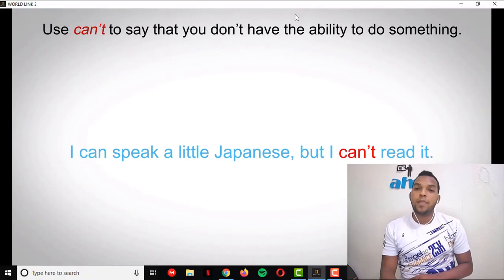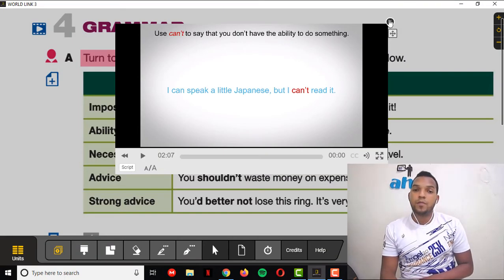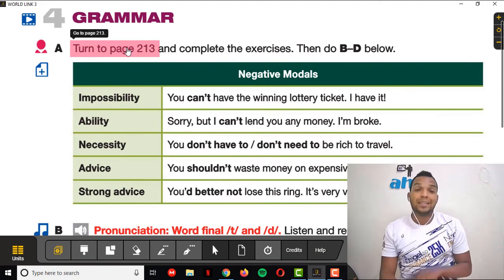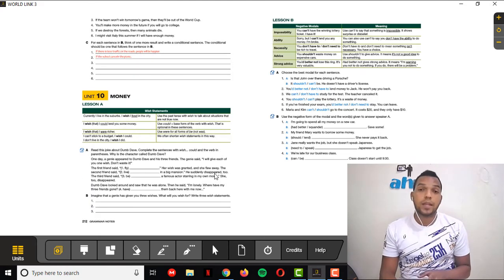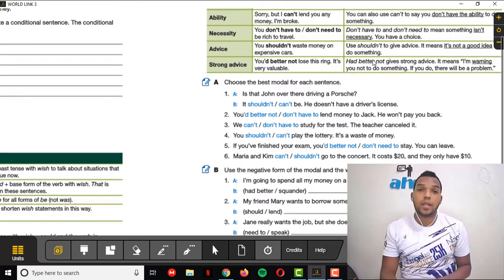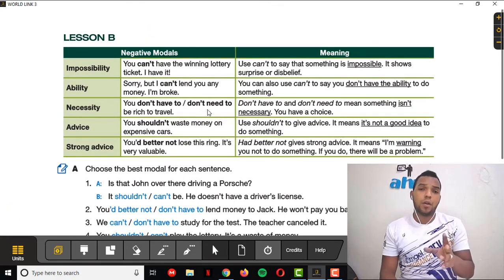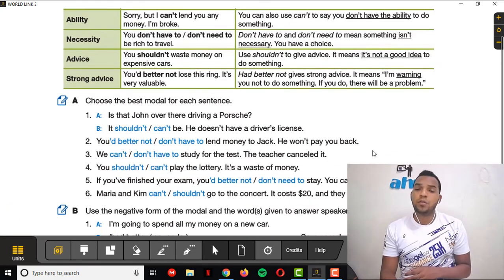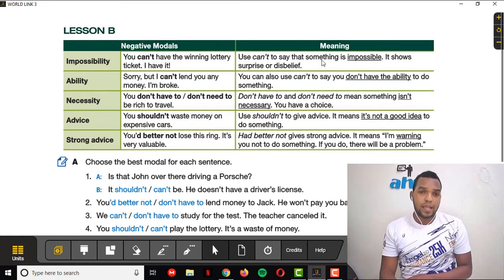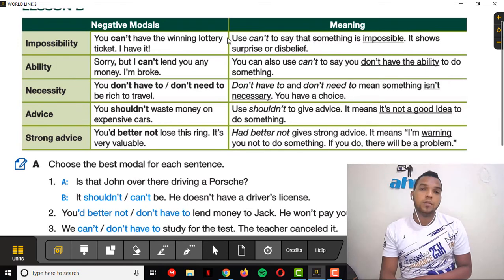All right, so this was everything from this video. The video was amazing because it explained everything pretty detailed. And what you have here on the back of the page, on 213, is the same that you watched in the video. Here you have the meaning, what happened and when you can use it.